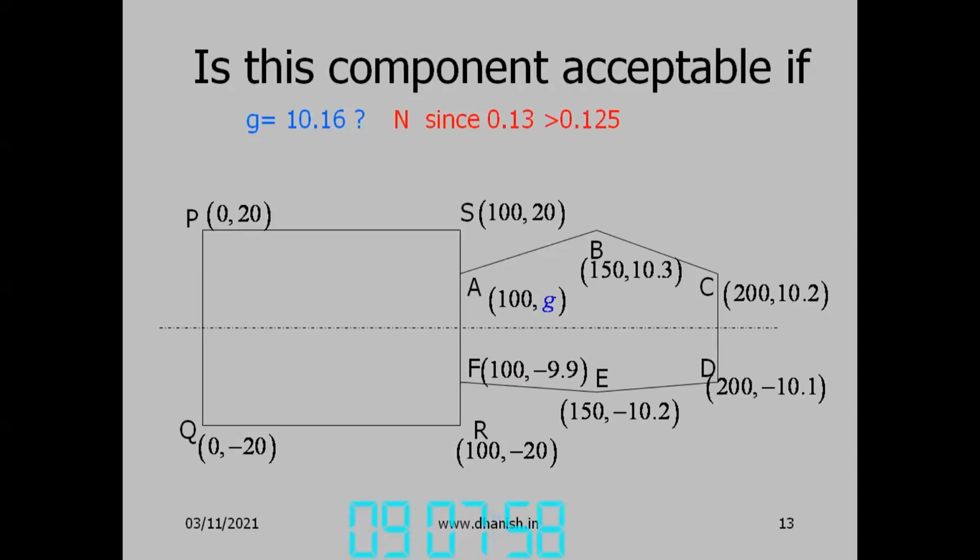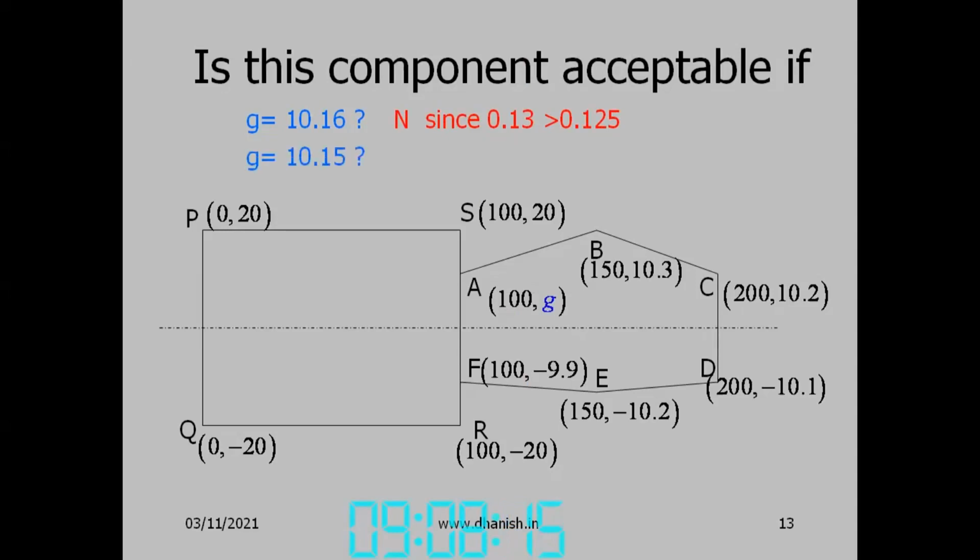So since the total tolerance is 0.25, the zone is 0.125 on top, 0.125 at bottom. And since now the midpoint is 0.13 above, which is greater than 0.125, it is not acceptable.